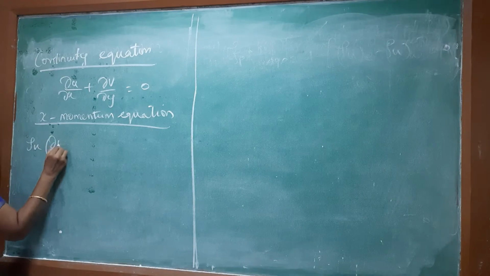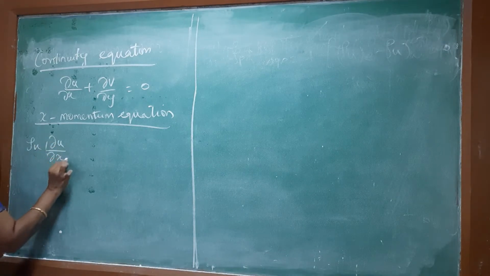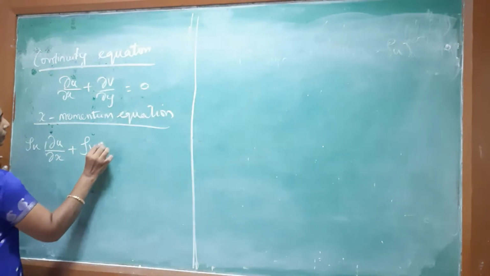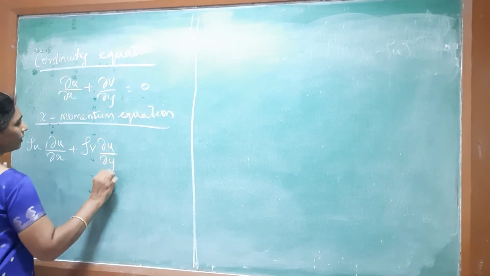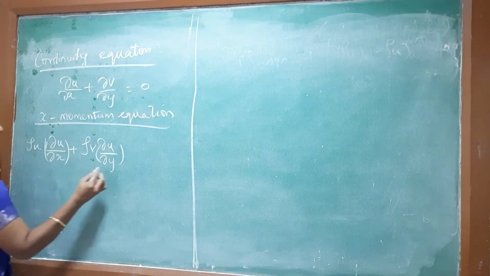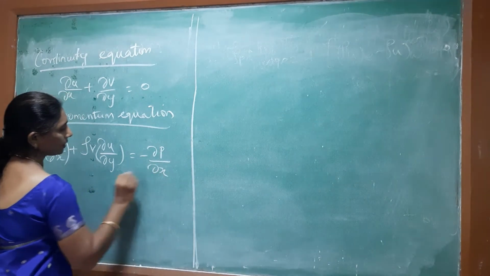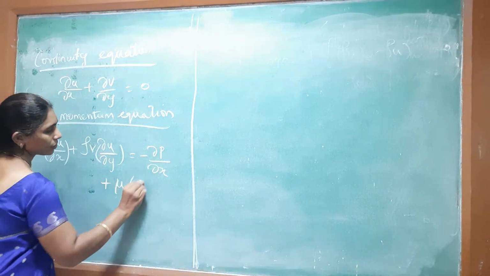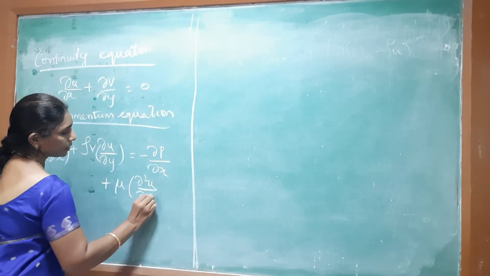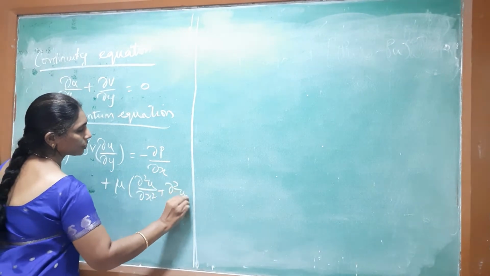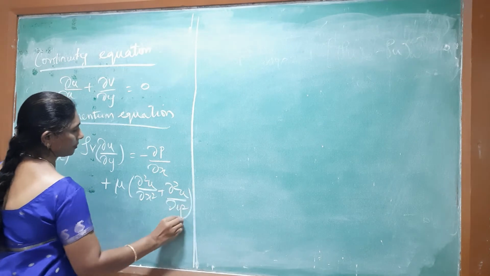Rho u ∂u/∂x plus rho v ∂u/∂y equals minus ∂p/∂x plus mu into (∂²u/∂x² plus ∂²u/∂y²).